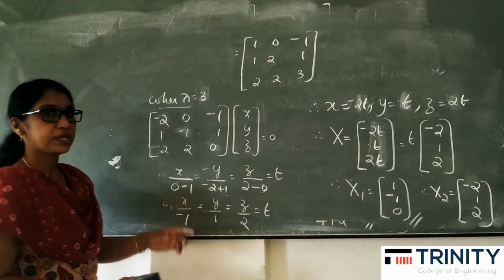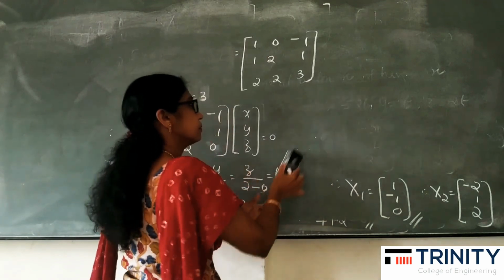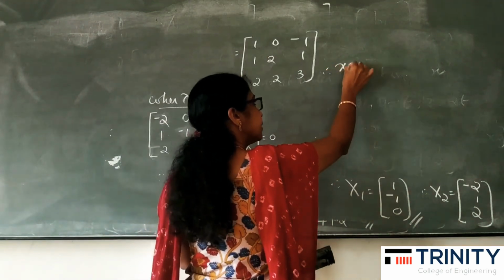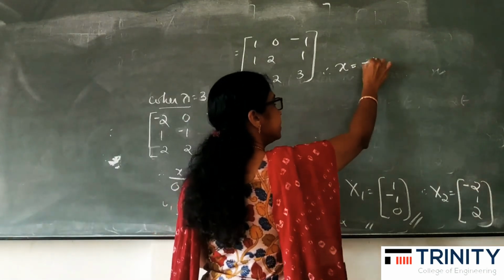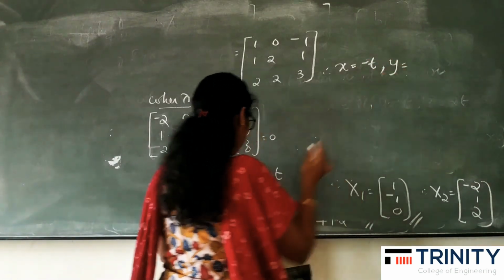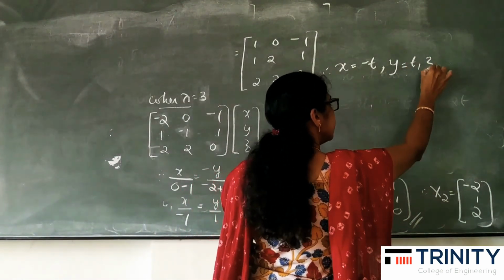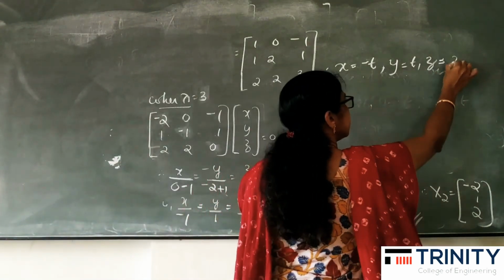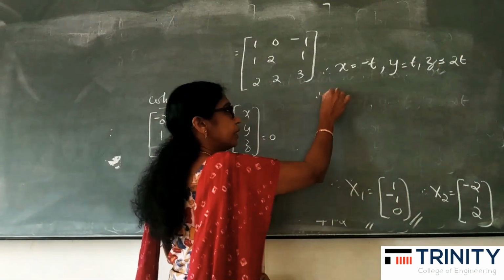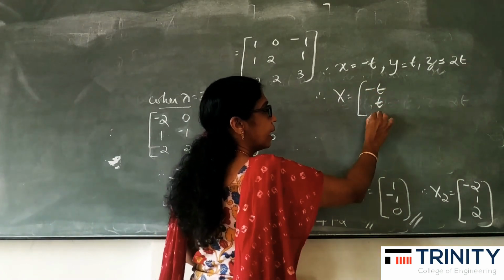Then we can find x, y, z. Therefore x is equal to minus 1 into t, that is minus t. y is equal to 1 into t, that is t, and z is equal to 2 into t, that is 2t. Therefore capital X is equal to minus t, t and 2t.